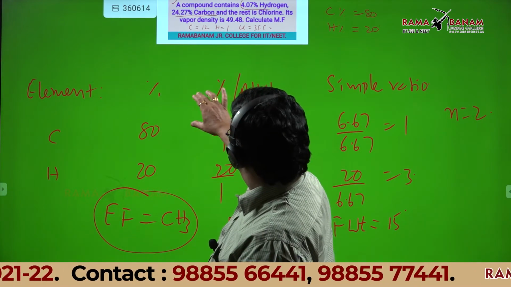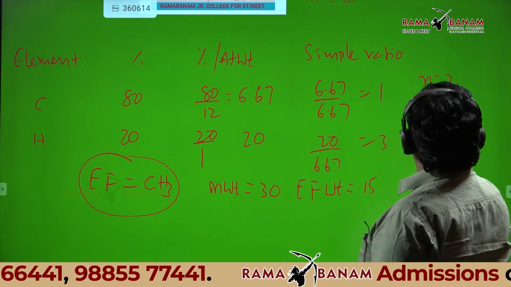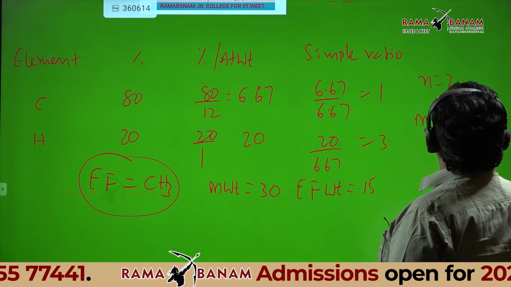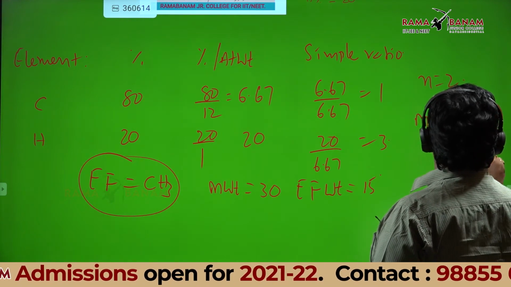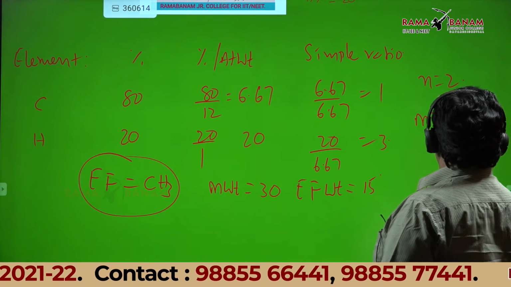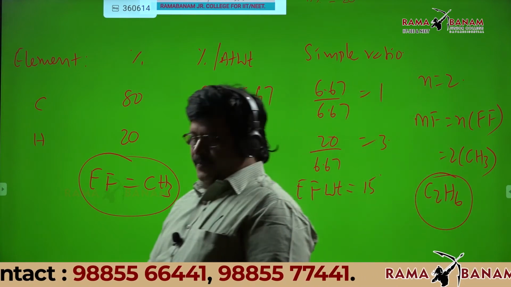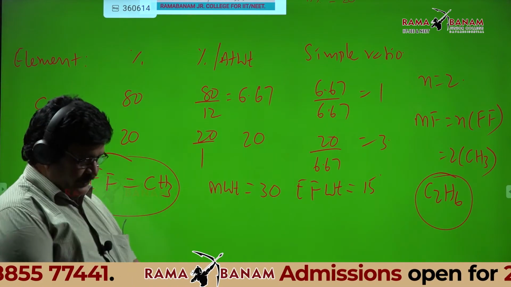Then the molecular formula is equal to n into the empirical formula, that is 2 into CH3. So it is C2H6. Is it okay? Yes, sir.